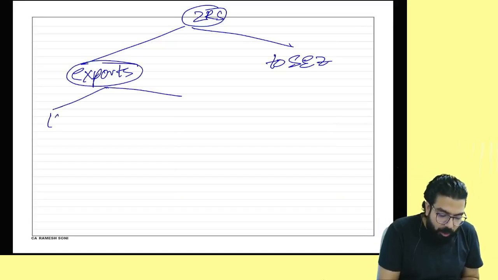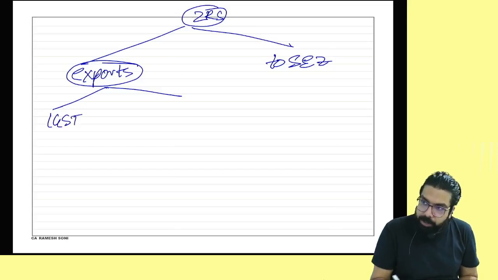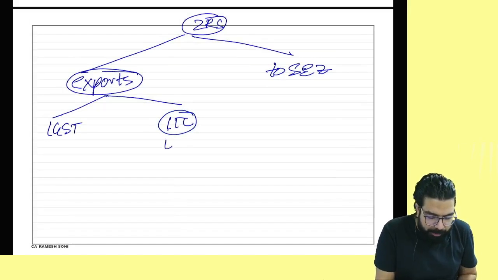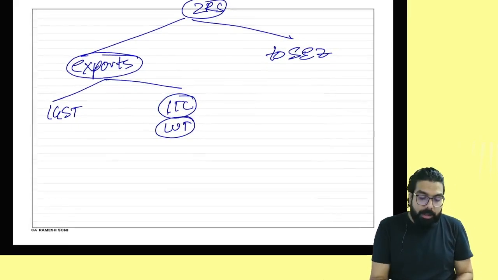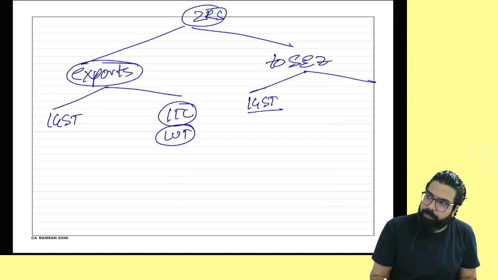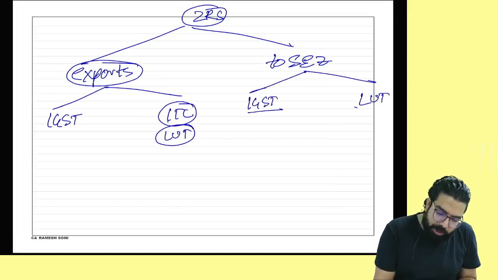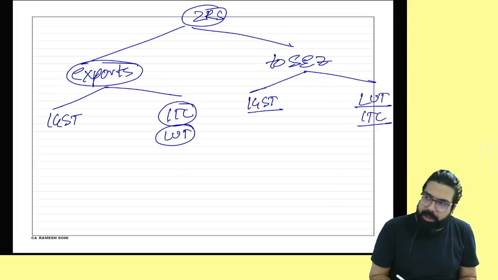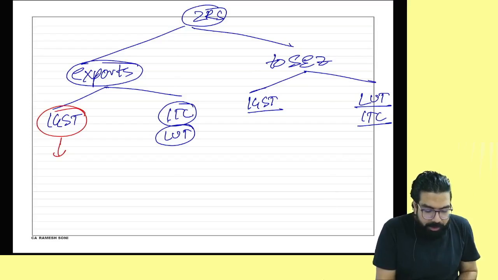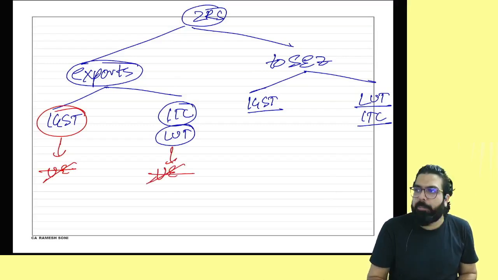Here, you can export on paying IGST, or you can claim a refund of ITC by giving LUT or bond. Do you guys agree with me? Okay? Zero rated supply, SEZ also, you can pay IGST and supply, or you can give LUT or bond and the ITC refund will be given, right? They are telling that when you claim a refund of this, proof of unjust enrichment is not applicable. Here also unjust enrichment is not applicable.